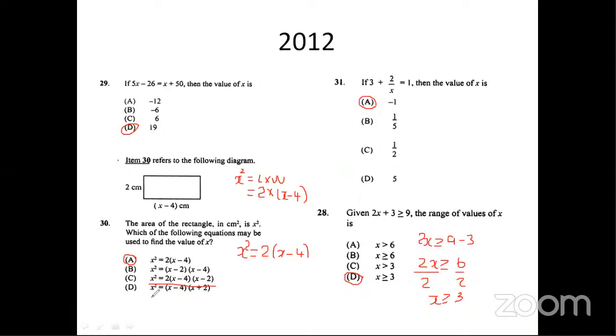So you start off with the simpler one where you have 2 multiplied by x minus 4. So I can just add on this part to it, x minus 2. So we're working out the simpler part first.